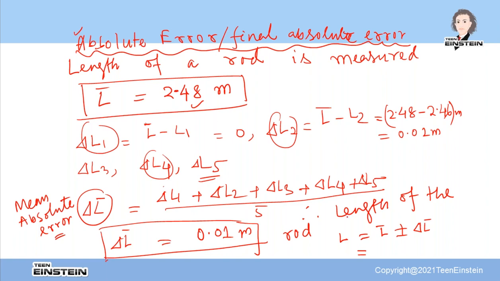So L average is actually 2.48, plus or minus delta L average. This is the value. So you have to write this one.